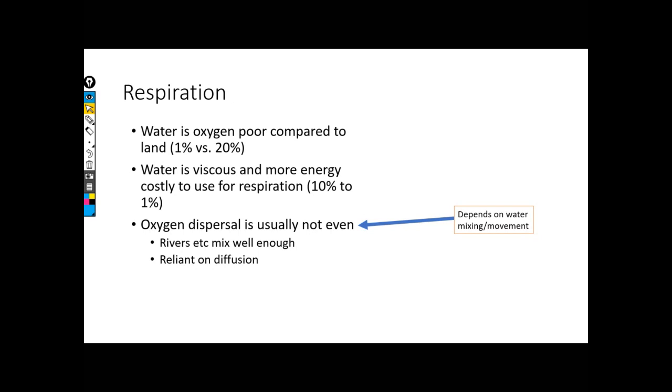So fishes, or anything aquatic, have a very specific challenge of getting a good amount of oxygen efficiently. They need to make sure whatever system or systems, as we'll find that they use, are very efficient because they have to use what they get.